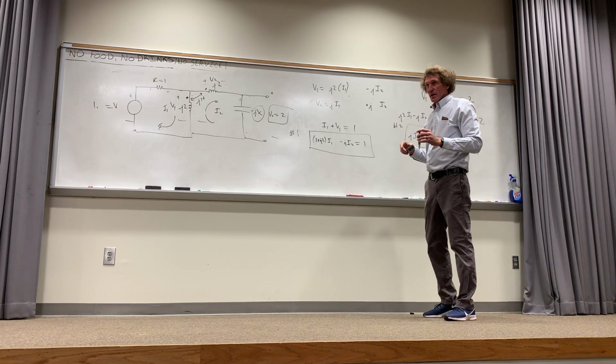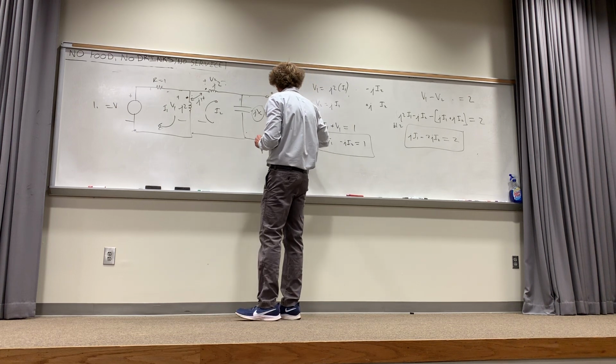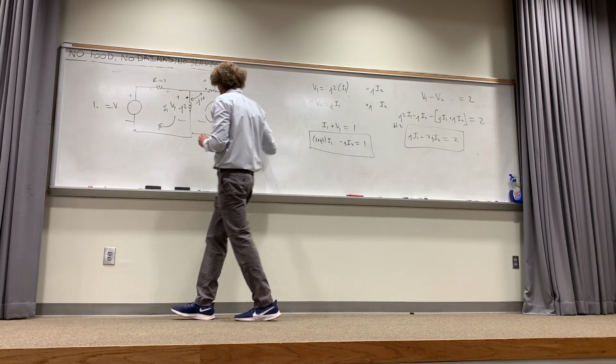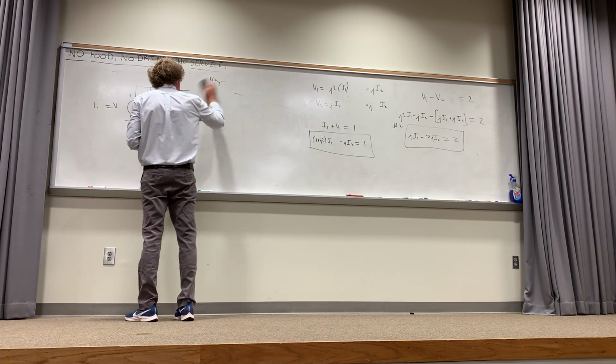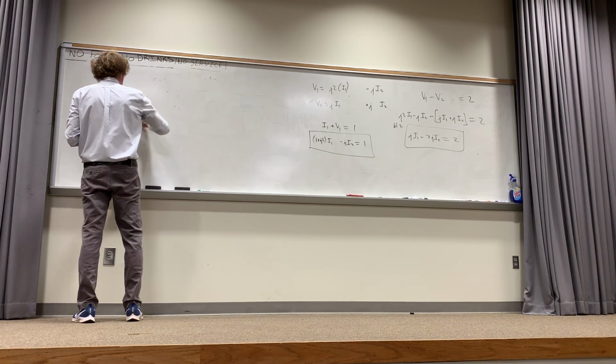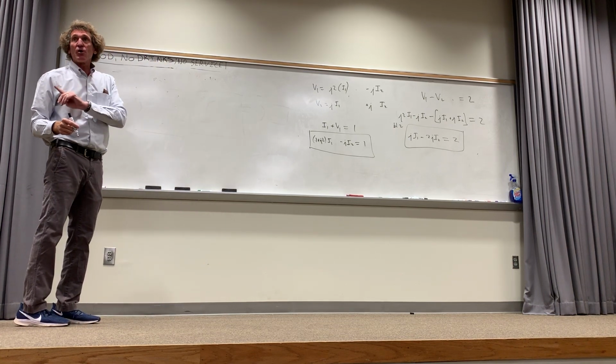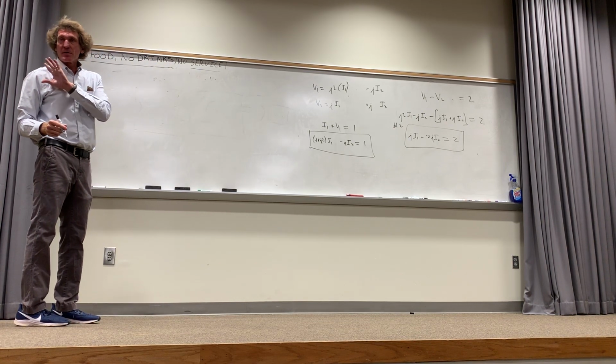Agreed? Now, I'm going to erase that circuit to give myself a little more room. And now I'm going to put it in terms of a matrix and actually solve for I2. That's the value I care about, not I1.